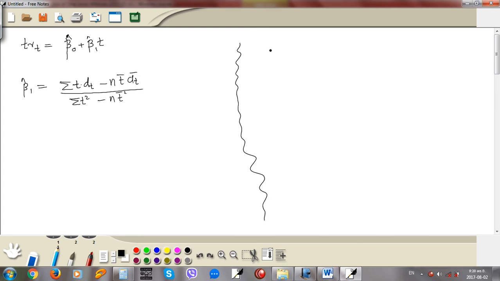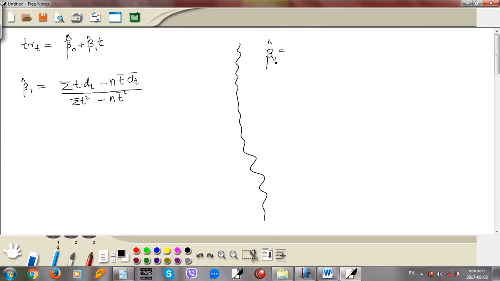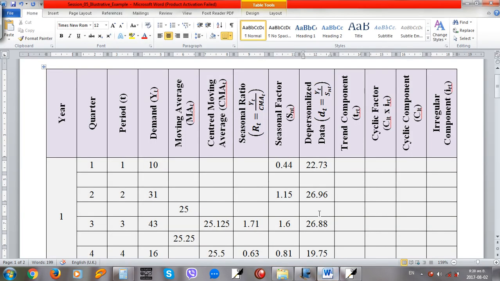Then you can find beta naught hat by using this equation: beta naught hat equals dt bar minus beta 1 hat t bar, right? So to find the values for this one, you have to use the separate table.